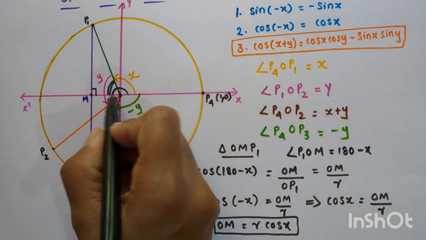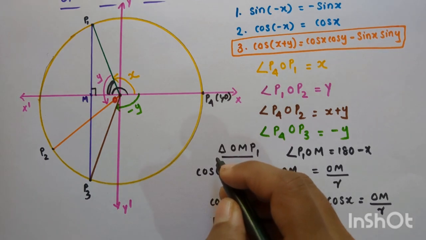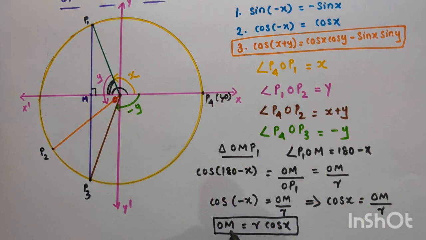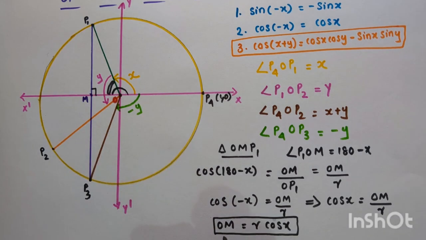So OM is the x coordinate of this point P1. Here we can say that OM is equal to R cos x. That is, the x coordinate of this point P1 is the radius times the cosine of the angle made by this point P1 with the positive x-axis, because OM is equal to R into cos x.